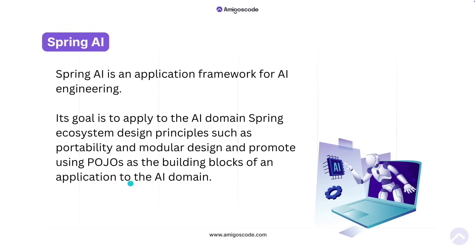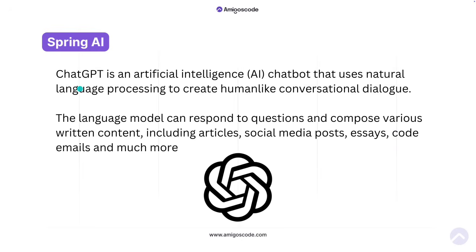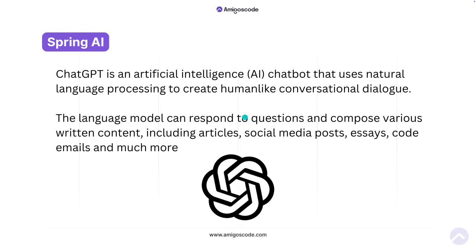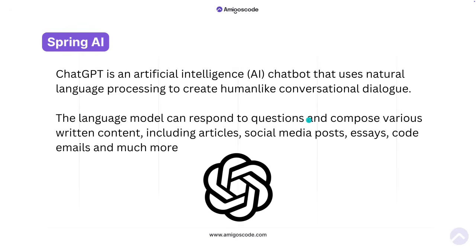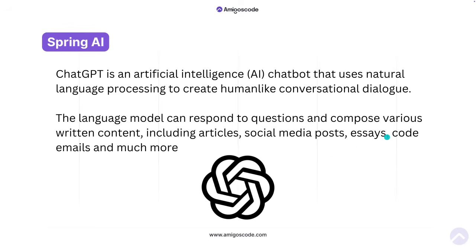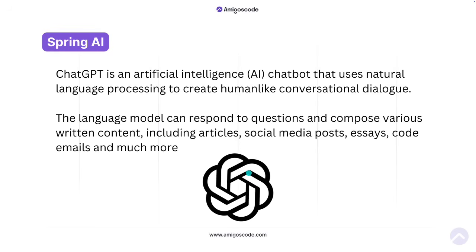So basically, it's a wrapper that allows us to use large language models such as ChatGPT. ChatGPT is a language model that can respond to questions and compose various written content, including articles, writing code, emails, and a bunch more.